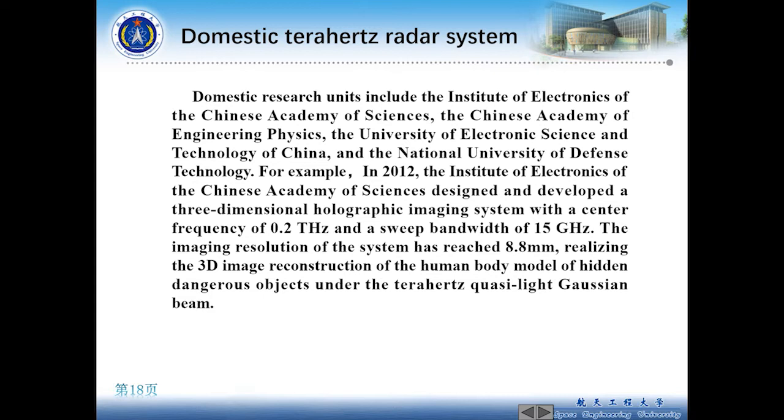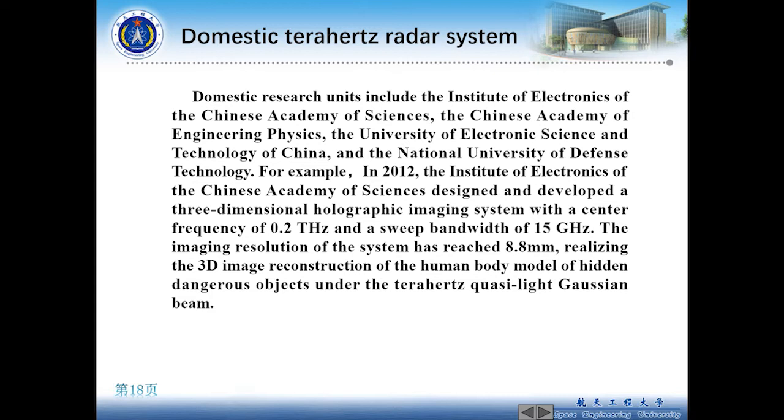For example, in 2012, the Institute of Electronics of the Chinese Academy of Sciences designed and developed a three-dimensional array system with a center frequency of 0.2 THz and a sweep bandwidth of 14 GHz.